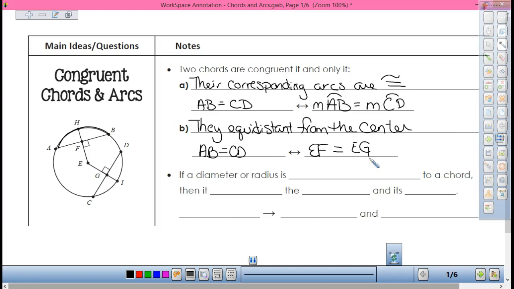Okay, if the diameter or the radius is perpendicular to a chord. What does it mean to be perpendicular?